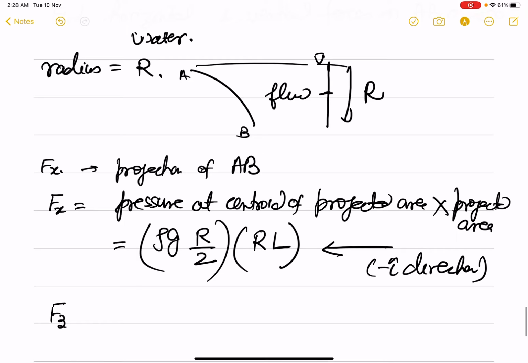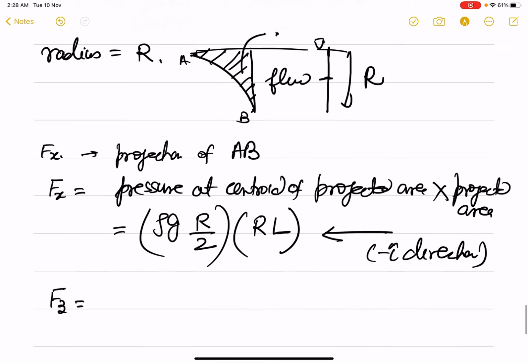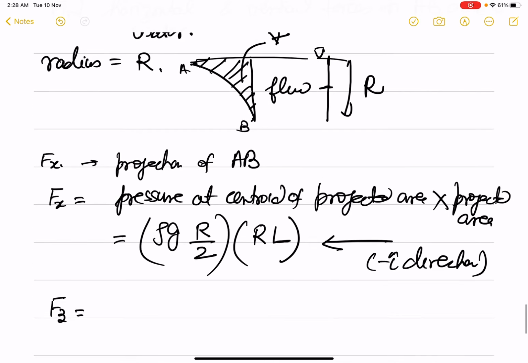Now to find the vertical force on this, we move from B to the free surface. A is already on the free surface, so we look at this volume V. To find Fz, Fz will be equal to rho g times V, and along AB what we find is the normal is all downwards, so this force will be in the minus K direction.